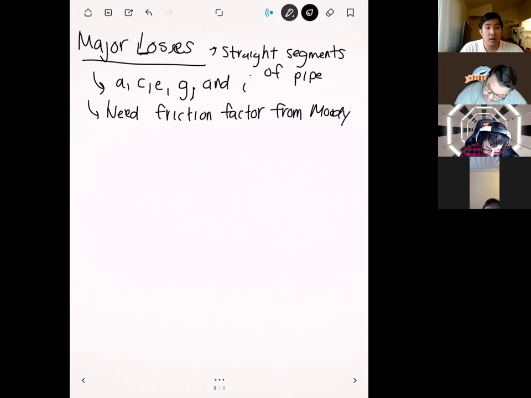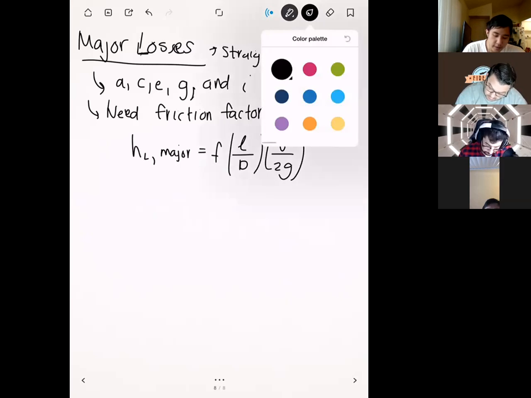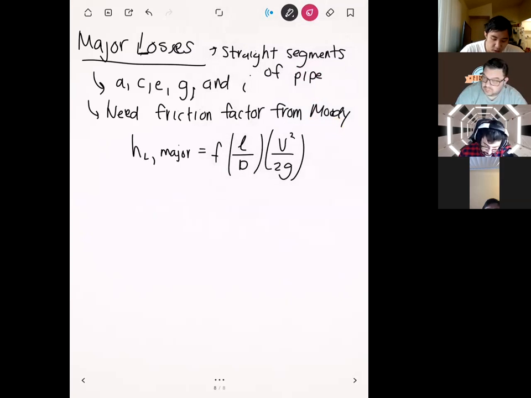Remember, our formula for the major losses was given by the following: the major loss is f, which is our friction factor, times the ratio of length divided by diameter, times V squared over 2g. Most of these things we can determine just from the problem. The only thing we have to look up is this friction factor.